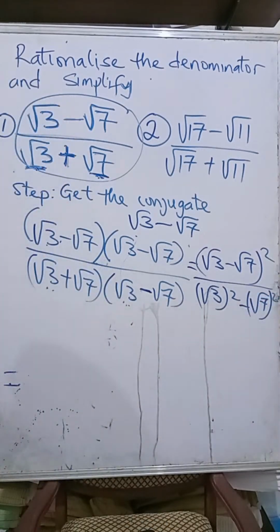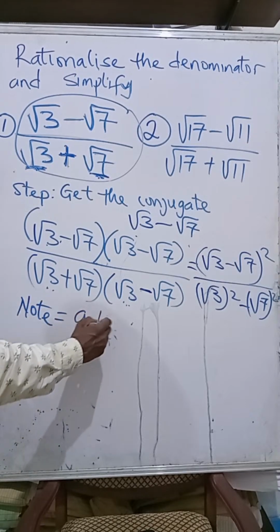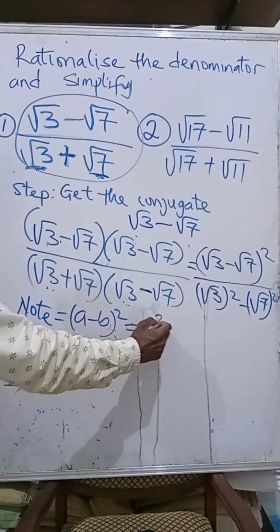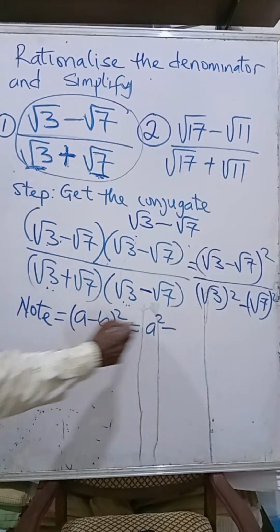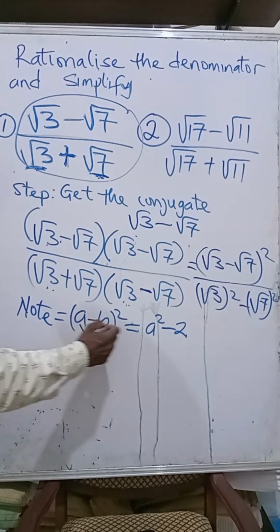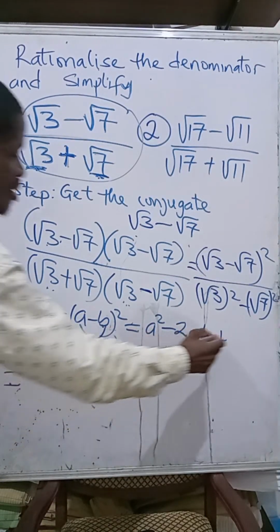Okay, so I want to quickly explain something to you. Note, a minus b squared is going to be equal to a squared minus 2, which I always call invisible, a times b, that's ab, and then plus the last one, b squared.